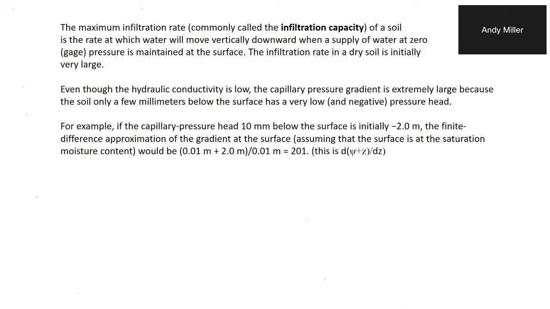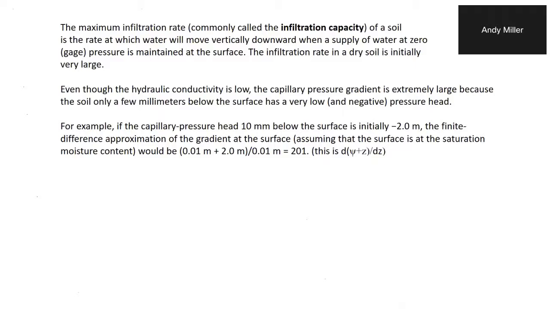But what's the denominator? It's the difference in Z. What's the difference in Z? 0.01 meter. So if I divide 2.01 by 0.01, I get 201. That's a pretty steep hydraulic gradient, right? That's the derivative of tension head plus Z with respect to z.